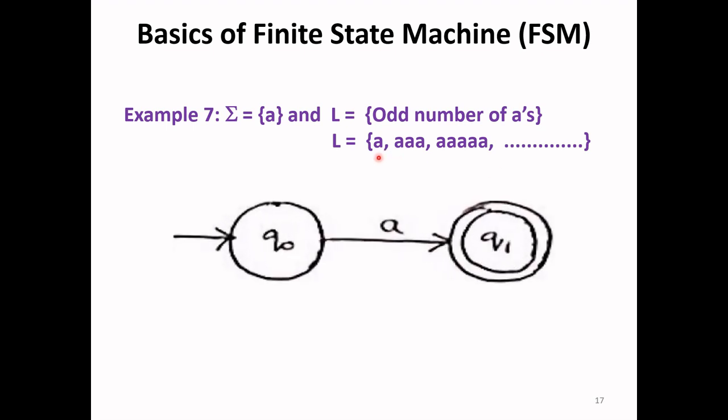No, because epsilon is not a string in this language. So first we must have one compulsory A reaching the final state. So we have the initial state Q0 with one compulsory A going to state Q1, which is the final state. So by this FSM, the first string is accepted, that is one single A.